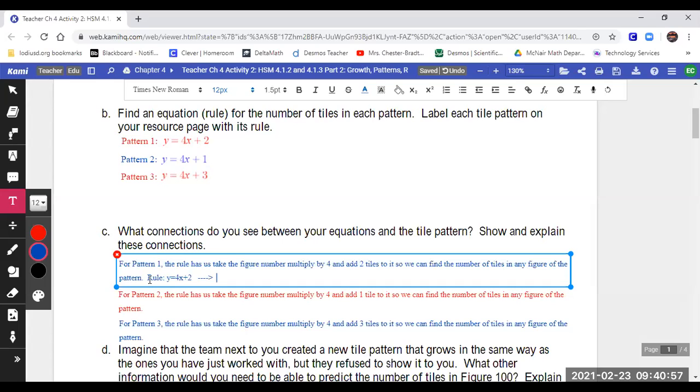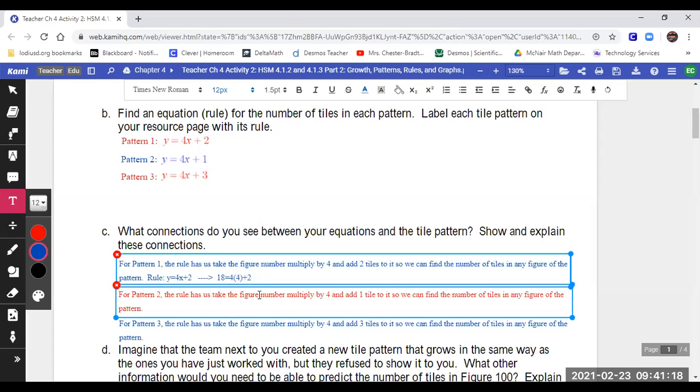How many total tiles were in figure 4, pattern 1 yesterday? 18. So 18 had to equal 4 times figure 4 plus 2.